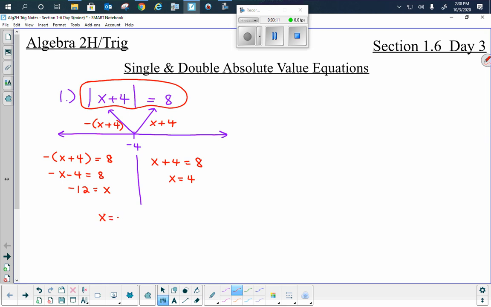So x equals -12 is one of our answers. And then does x equals 4 lie in this region to the right? Is 4 to the right of -4 on a number line? And it is. So that's taking care of our check step. Both of those work. So we're set with both of those.